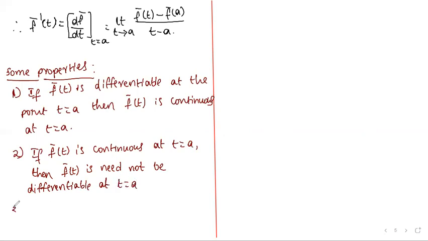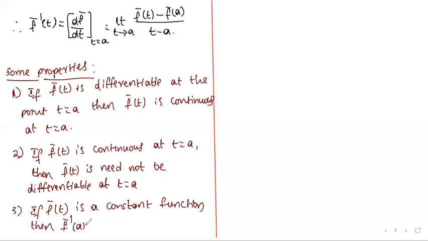Okay, and the third point, if f bar of t is a constant function, then f bar dash of a is equal to 0. f bar dash and df bar by dt, both are equal.